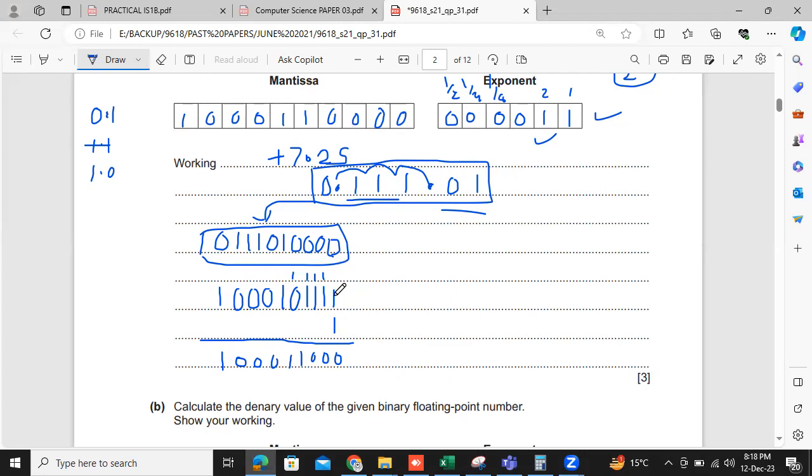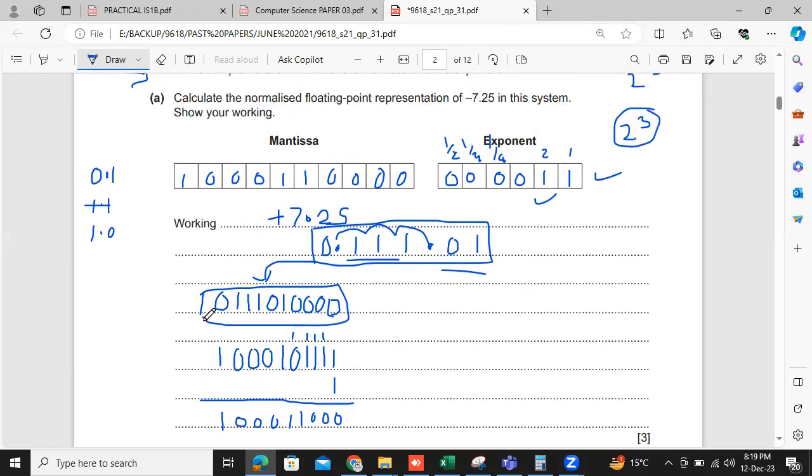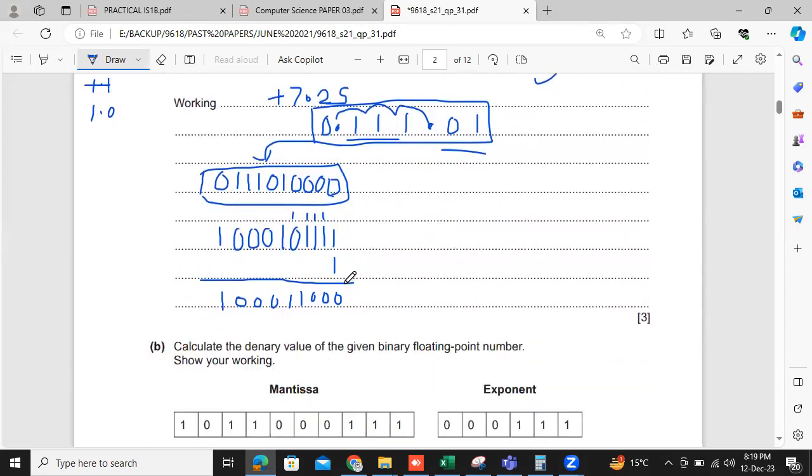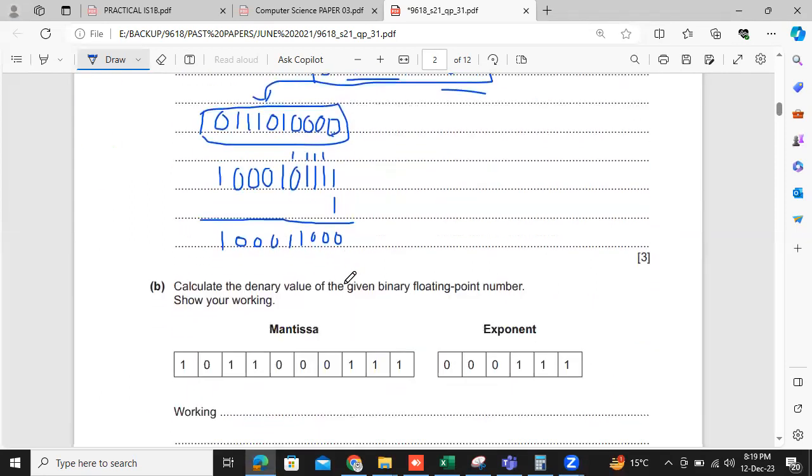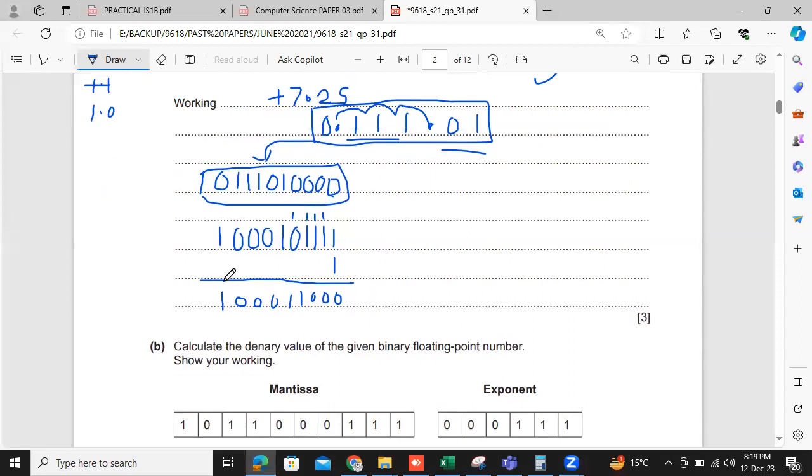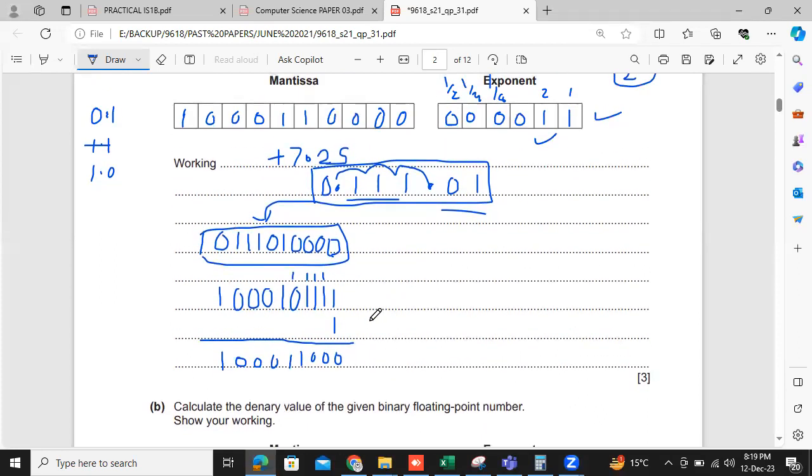Let me check this again: 0, 1, 1, 0, 1, 1, 0, 0, 0. Yes, fine. Now, since it was a negative value, this has to be 1. You can even check this yourself: if you add this up, it will be negative. So this is how you get this.